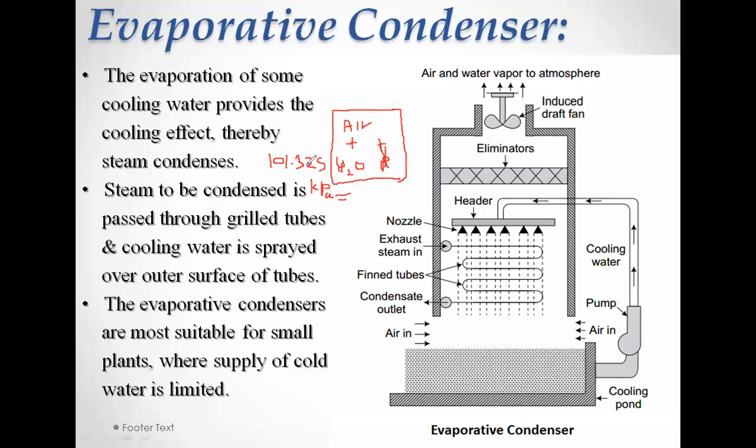So when I say atmospheric pressure is 101.325, it is a pressure exerted by both air and H2O. So there will be a pressure of air, which is called partial pressure of air, plus partial pressure of water vapor. They both have partial pressure, their individual pressure. When we combine both, then we get 101.325.